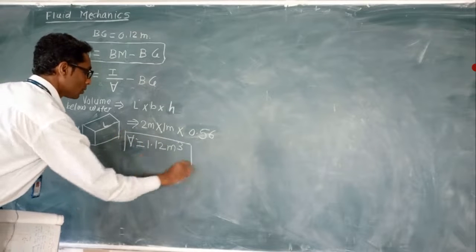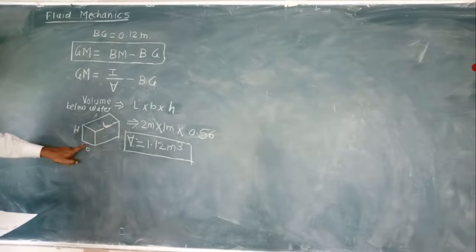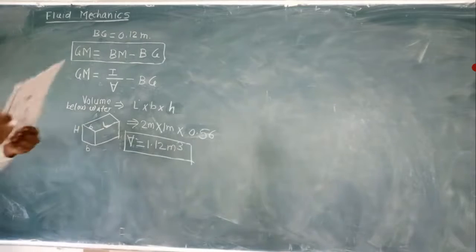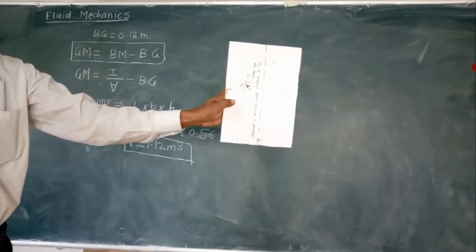Now the remaining part is only the moment of inertia. For that, remember, I will show you. This is L, this is B. Actually in the top view you see it this way.